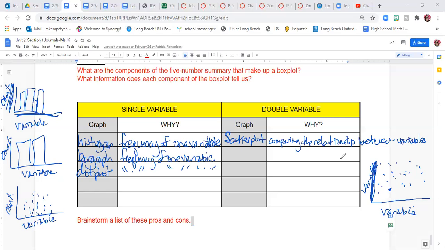I said a dot plot is a double variable because a second variable may be used to divide the first variable into groups. Okay, so you're saying a dot plot is, yes, with splitting, we end up looking at two variables at a time, right?